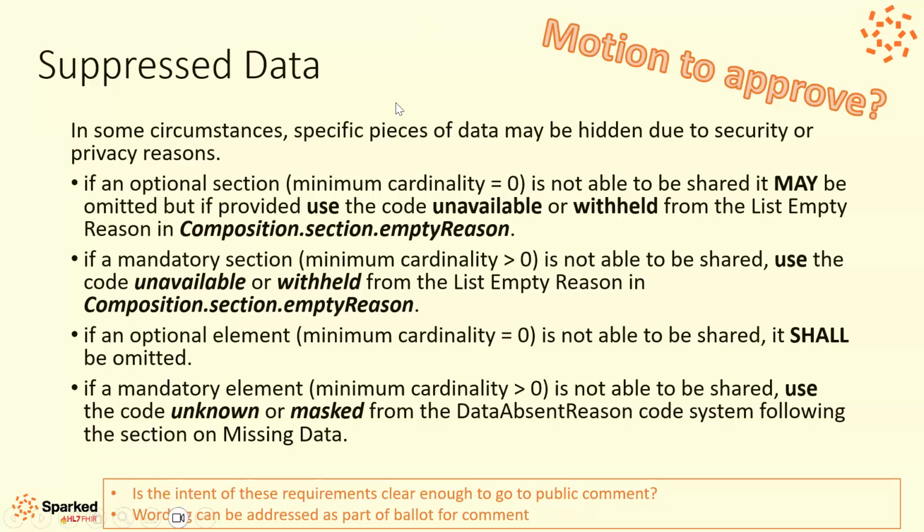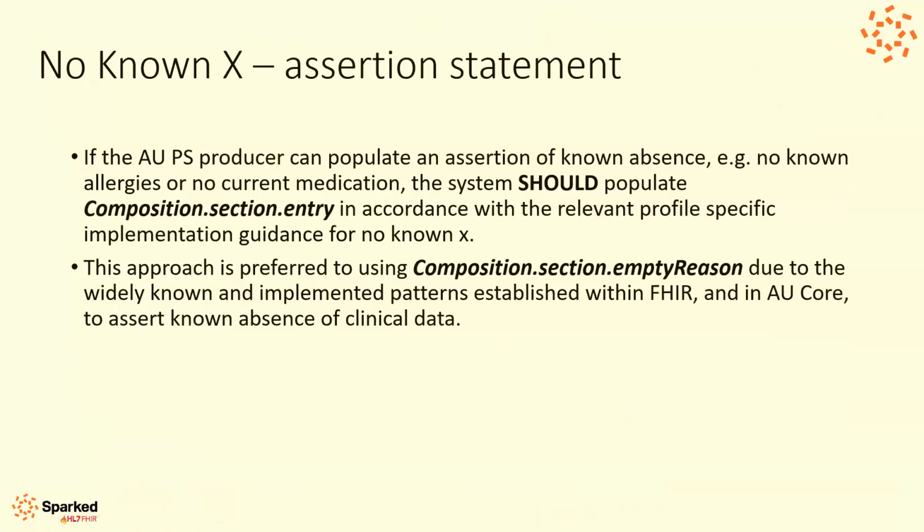And this is where we actually have an assertion. This is often a clinical assertion, not always, but it can also represent things where on an admission form, the patient is asked, do you have any allergies? And there's a tick box and they go, no. So what this is about is instead of saying emptiness, because the system has actually recorded something, it's not that they have no information whatsoever about allergies.